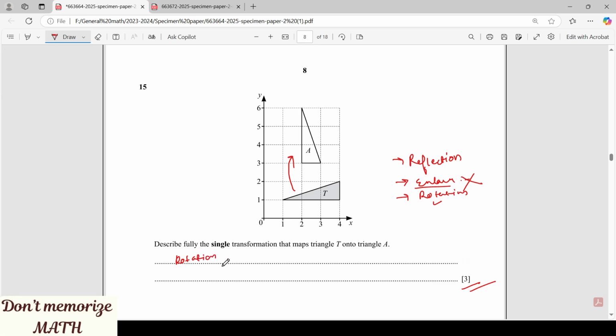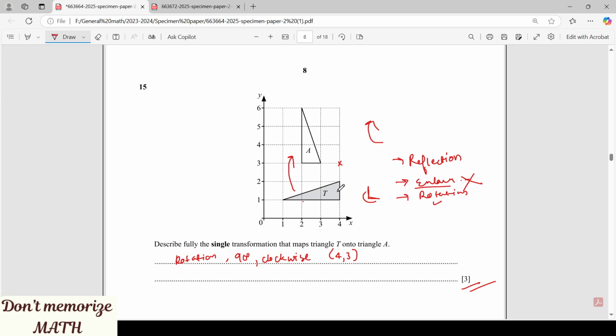Keep your tracing paper, and you can see this side rotated to here, so the angle is 90 degrees. Then we are moving in the clockwise direction, so it is clockwise. Then the center you will get is 4 and 3. You can use your tracing paper and find out.